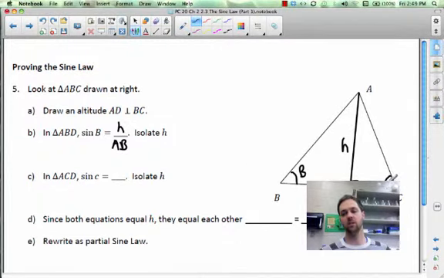So sine C, sine is opposite over hypotenuse, so this is H over AC. So here's the secret.